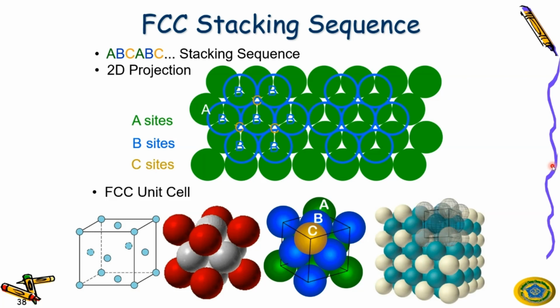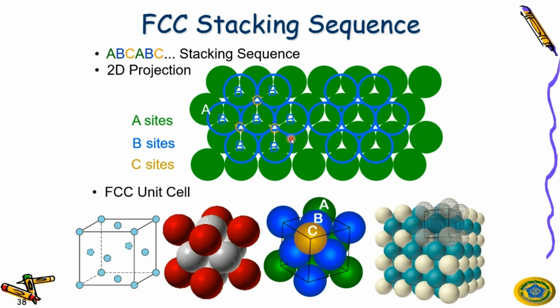Next, after you put a B layer, you have two choices again. You can put the ball in the A site, or you can put the ball in the C site. Again, if you put the ball in the A site, you cannot put the ball in the C site.